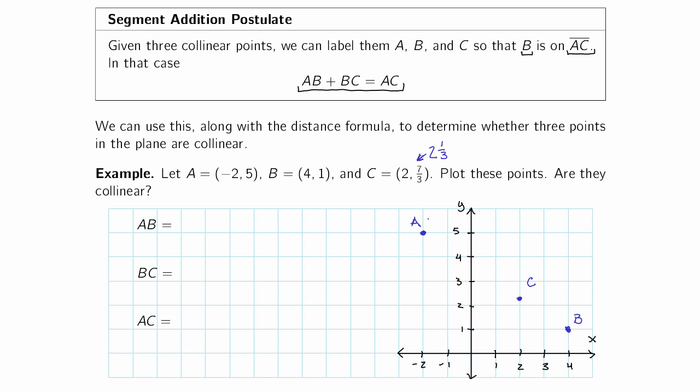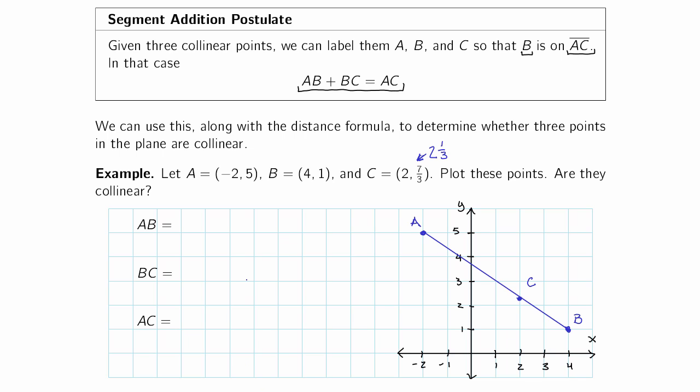Well, if I draw the line segment connecting A and B, C looks like it's real close to that line segment. It's really hard to say. C is a little bit off the line segment. Did that happen because C really isn't on that line, or because I'm bad at drawing? One of the major reasons that we want to have a way by calculation to determine whether these points are collinear is that determining it by careful drawing is actually pretty hard.